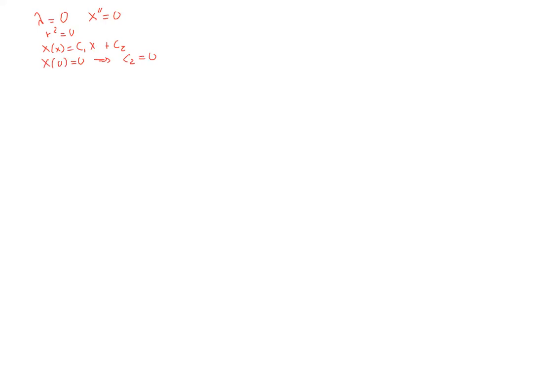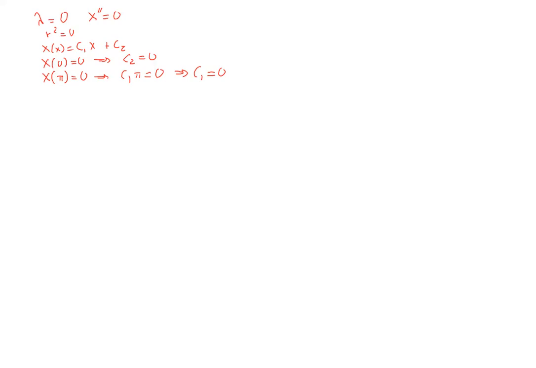And once you know that C2 is equal to 0, once you plug in x of pi equals 0, you will get C1 pi has to be equal to 0, which implies that C1 has to be 0. And every hope that we would find an eigenvalue is lost right here. Okay.